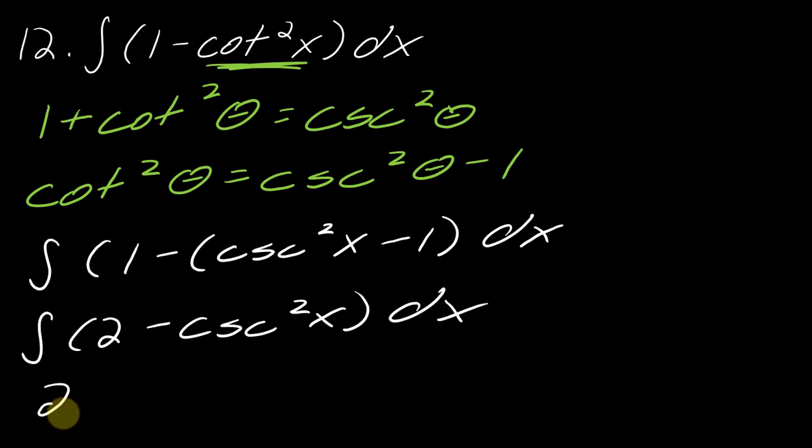This becomes 2x. The antiderivative of cosecant squared is, oh, sorry, no, cotangent x plus c. And that would be it.